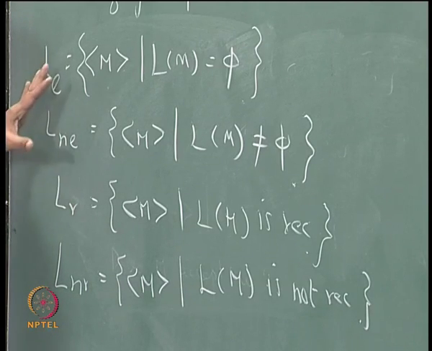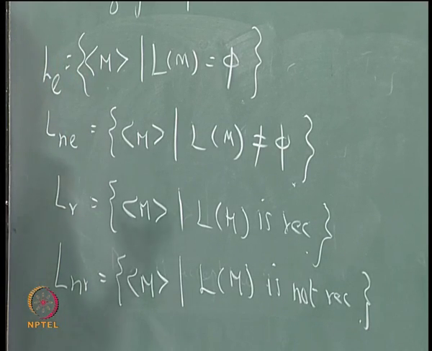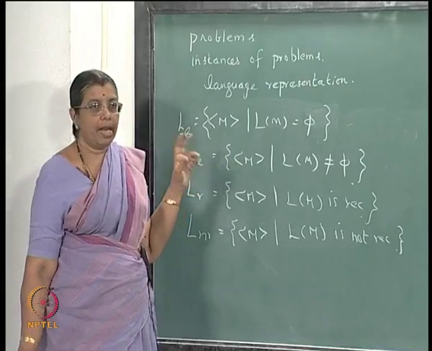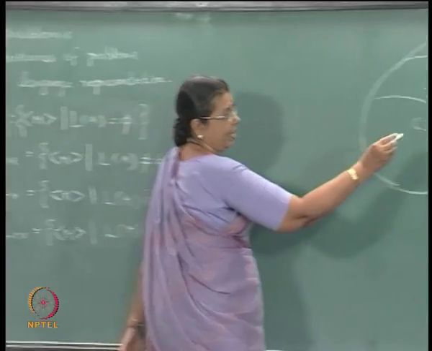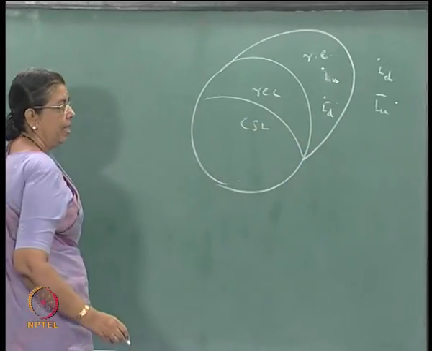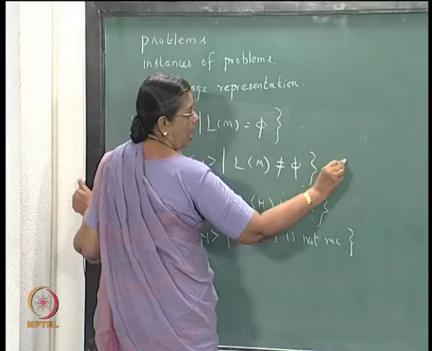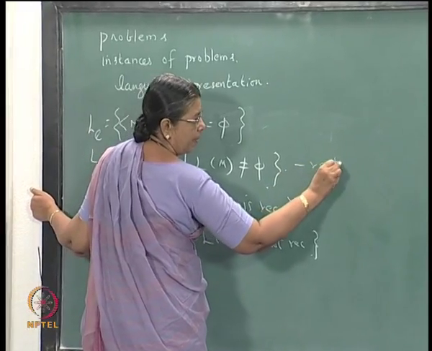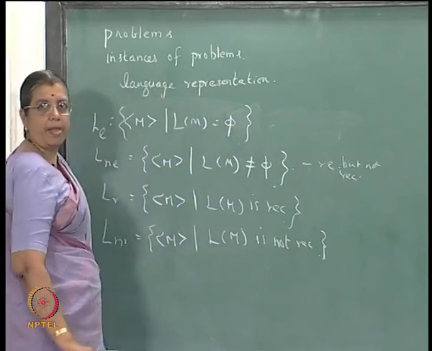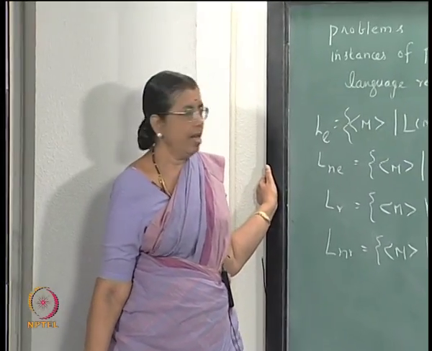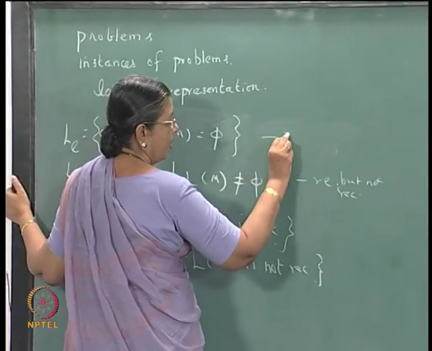The corresponding language representation is this. For the language representation, the encoding of the Turing machine is the string which has to be accepted or not accepted. Now, this L_NE falls here, it is RE but not recursive, but these other things are not even RE.